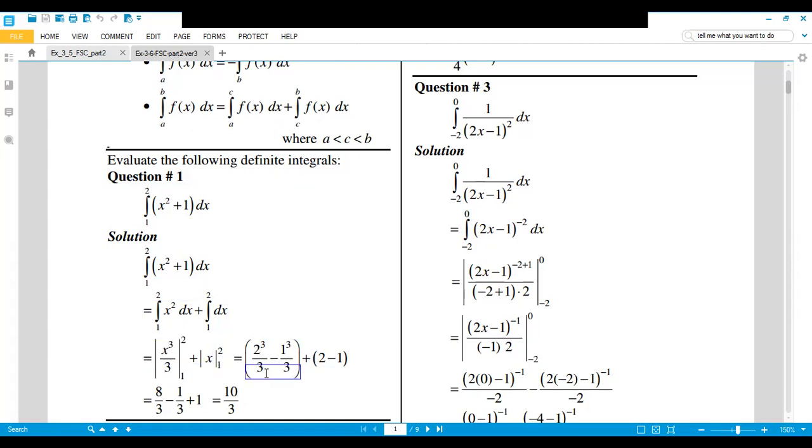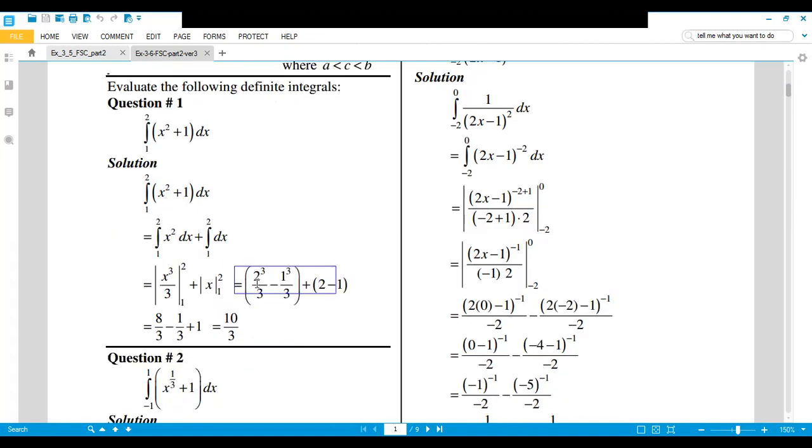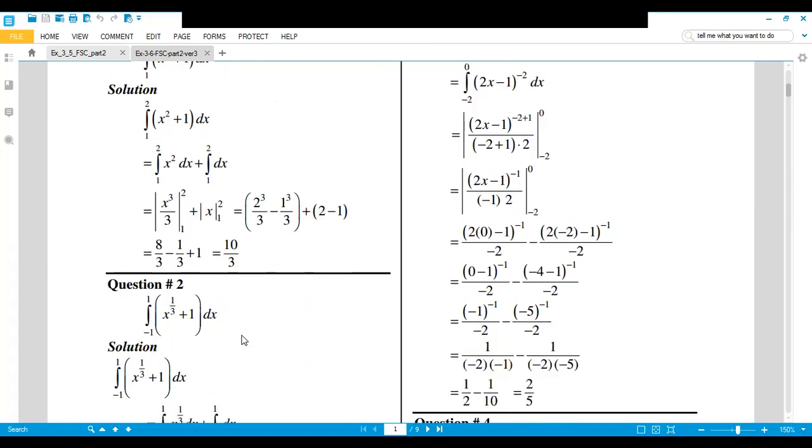So 2 cube divided by 3, and then the lower limit minus 1 cube divided by 3, plus sign as it is, and then in x you put the upper limit 2 and then minus lower limit 1. So you solve it, it will be 8 over 3 minus 1 over 3, and 2 minus 1 is 1. So 8 minus 1 is 7 over 3 plus 1. When you take LCM, you will get 10 over 3.